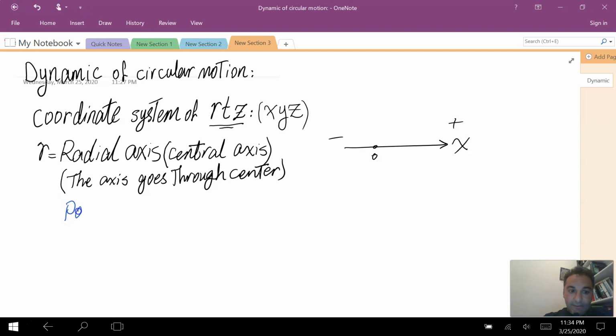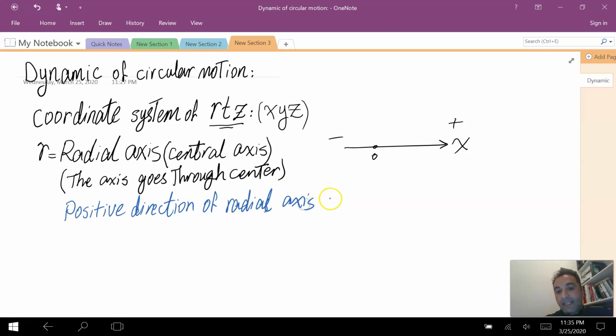So I'm going to write here that the positive direction of the radial axis is toward the center. What does that mean?